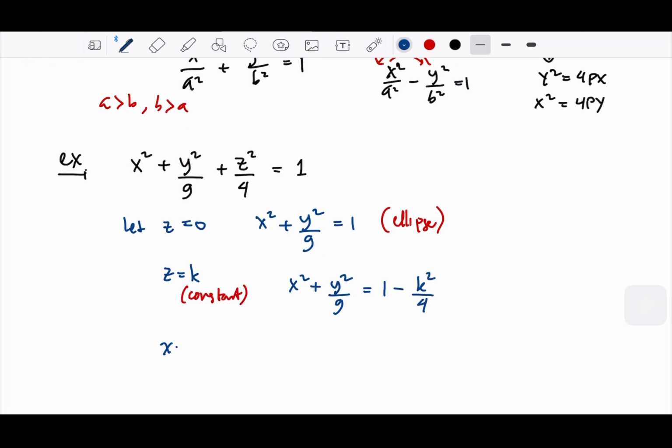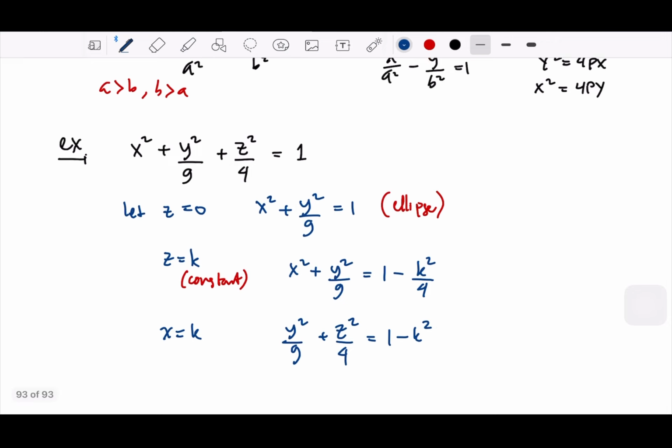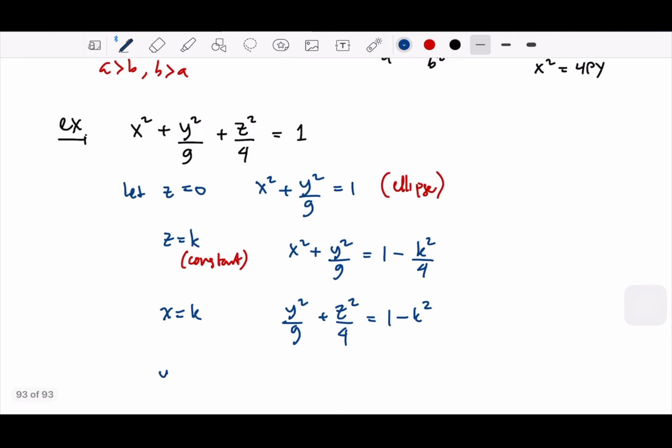Okay, now if we let x equal k, we will see that we have the yz plane, with the same kind of ellipse on the yz plane. Same thing with y equal k: we will have the xz plane with an ellipse.